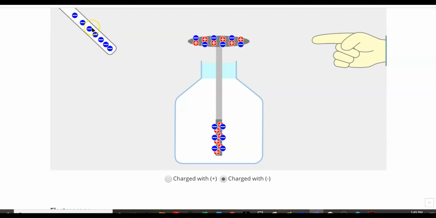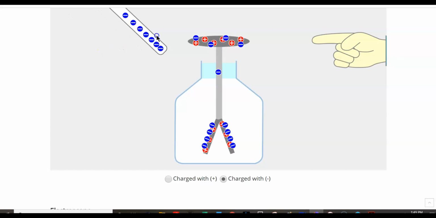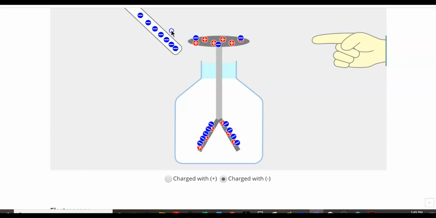It's got an extra 7 electrons. Now here's the neutrally charged object, and here are the 2 plates. So if I bring this closer, notice those electrons are going to now flee that top plate, and they're showing that not all of them are fleeing. And since the electrons are gathering here at the bottom, okay, an excess of electrons are gathering here at the bottom, now they're repelling each other.